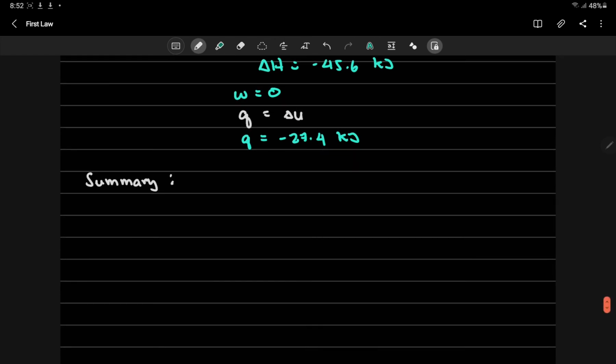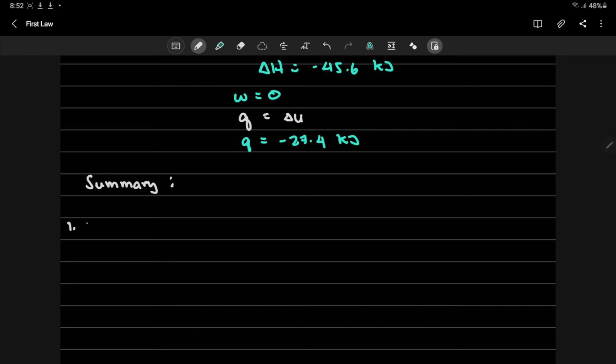We have the first step, isothermal compression. The second step is isobaric expansion.